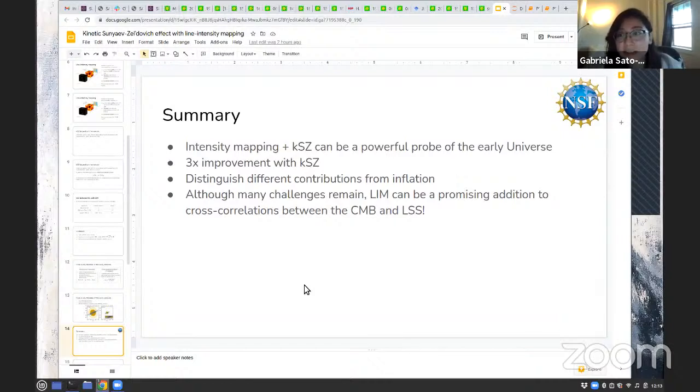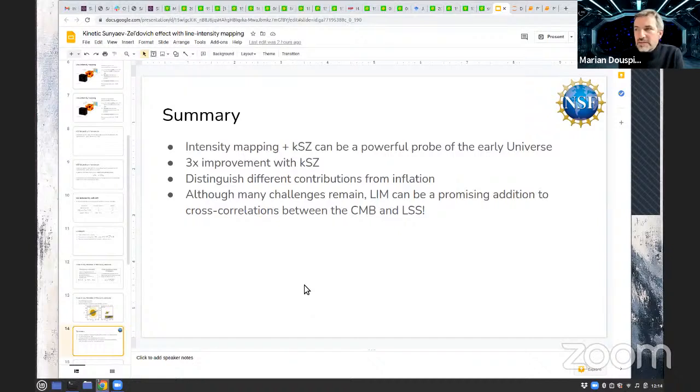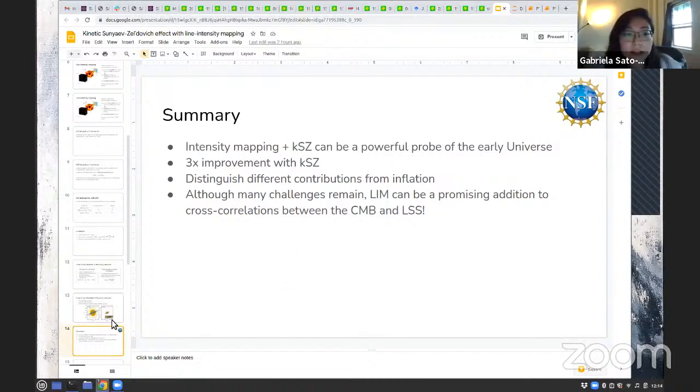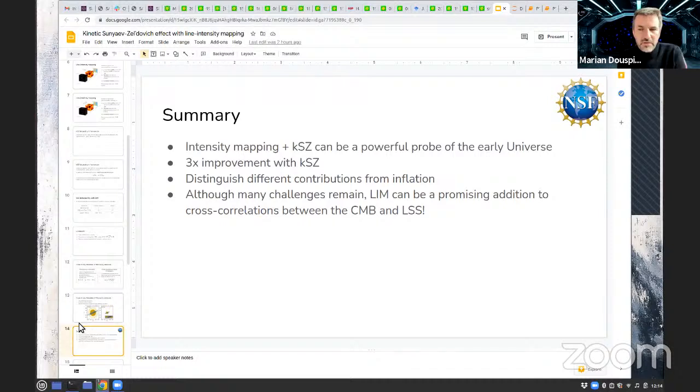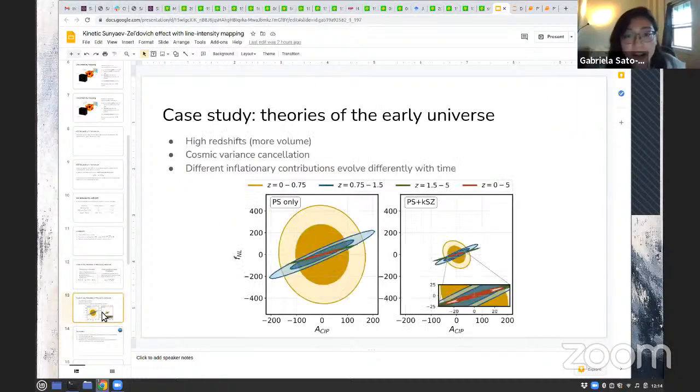And then another question, how do you forecast FNL constraints compared to the Planck one? So for this plot here, we are varying these two measurements simultaneously, along with all the other cosmological parameters and bias parameters that we marginalized over.